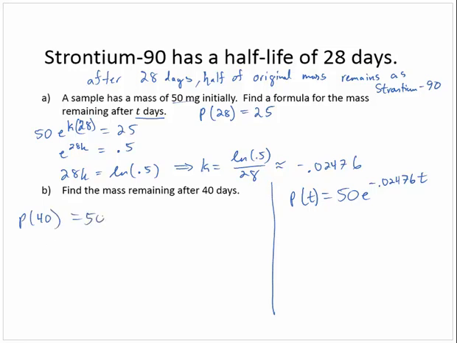P of 40 would be 50 e to the negative 0.02476 by 40. And use a calculator. And we get that approximately 18.6 grams remain after 40 days.